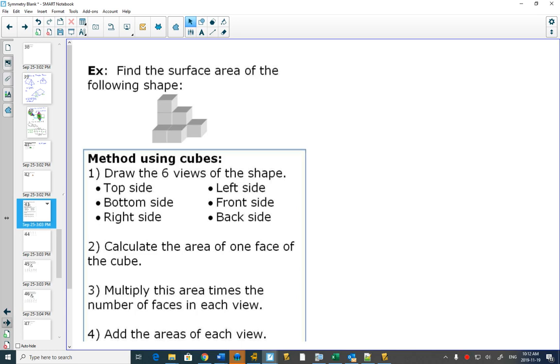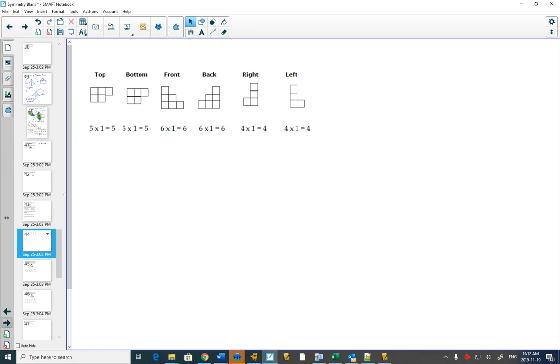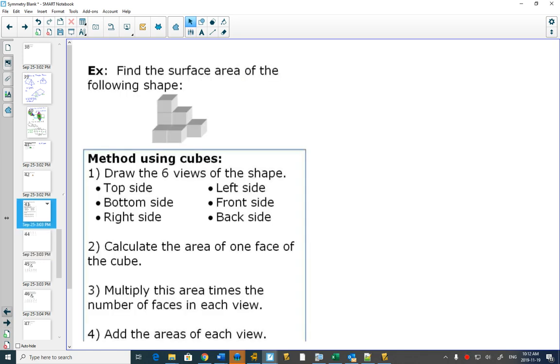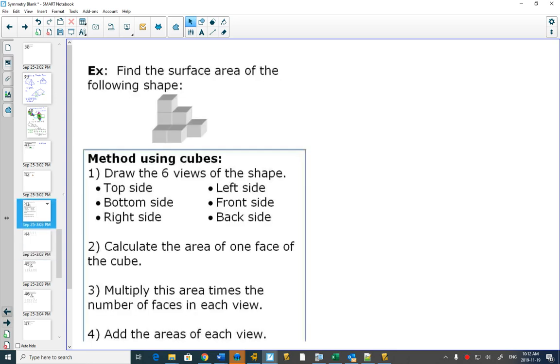So let's look at what this would look like for this example. On your paper here, I want you to just label on that shape that that's your front.